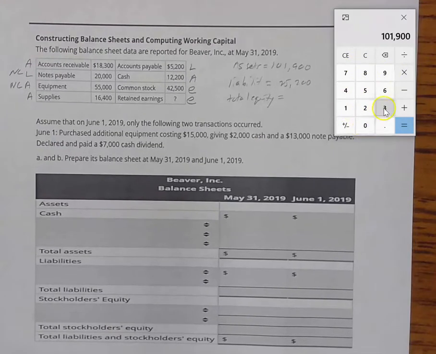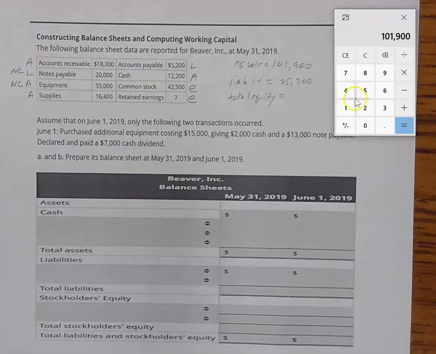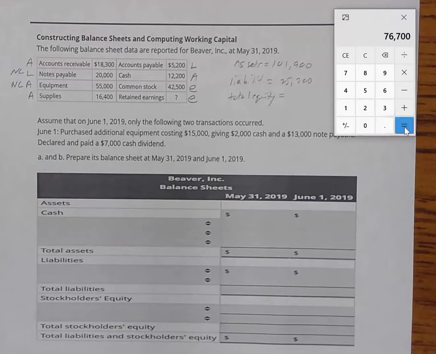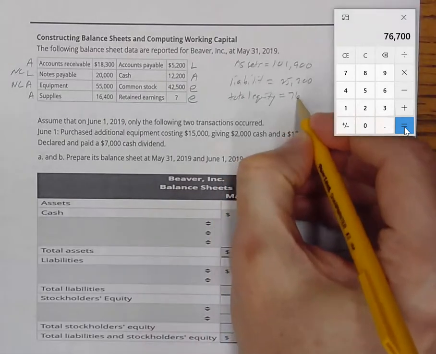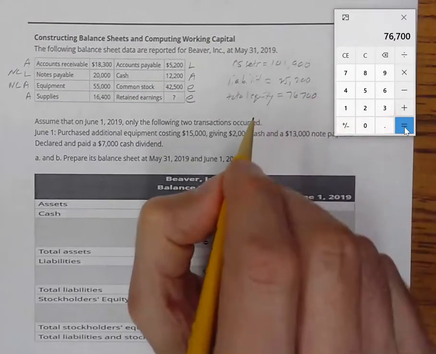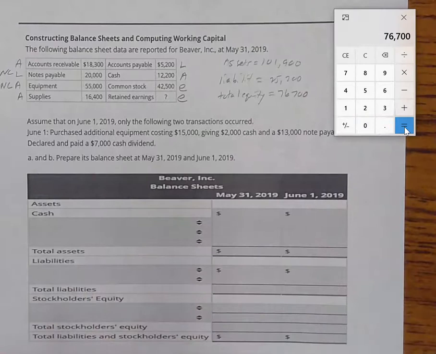So what that means is that total equity equals 101,900 in assets minus 25,200 in liabilities. And so that gives us 76,700. And I'm going to go ahead and write that down. But notice that's not really what I'm trying to solve for, because what I really want to know is what are my retained earnings on this date. So this is total equity.